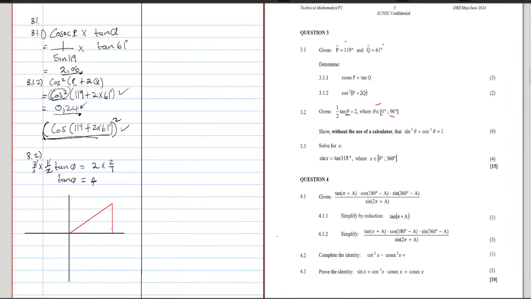And then we're gonna have a 90-degree angle. Then we're gonna have theta. And then that 4, let's divide it by 1.